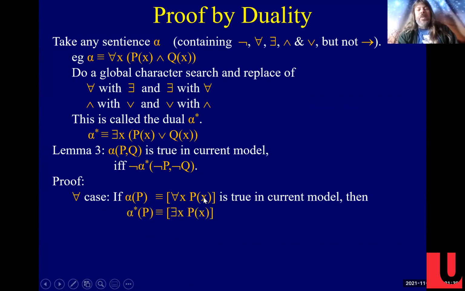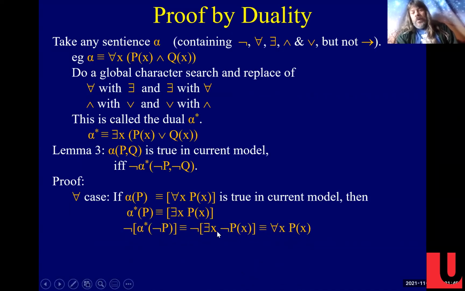Then you take the dual, it replaces it with an exists. Then what are we doing? We're putting a negation on the inside and a negation on the outside. And sure enough, it turns back into for all, right? Does that make sense?